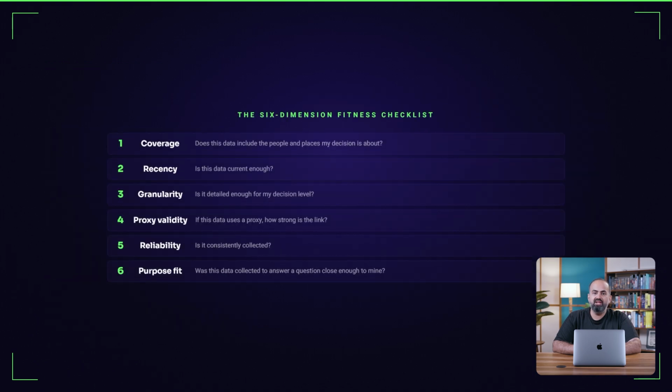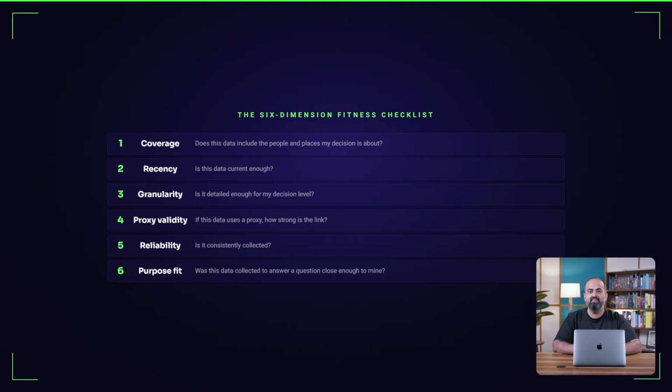The 6-dimension fitness checklist. The 6 dimensions are coverage, recency, granularity, proxy validity, reliability, and purpose fit. Coverage asks, does this data include the people and places my decision is about? Recency asks, is this data current enough?